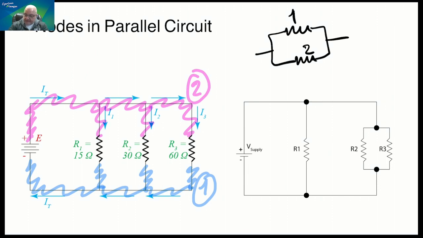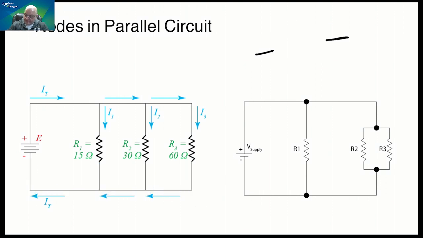Now, if we look at the diagram here, we can see that these two circuits are identical. There's the power supply, there's the power supply, there's R1, which is in parallel to the power supply, and in the second, R1 is also in parallel to the power supply. And then there's R2 and R3, which are in parallel. So these two circuits are absolutely the same.